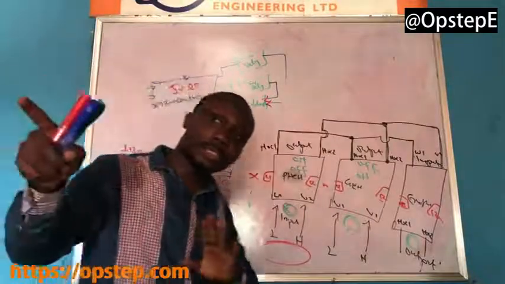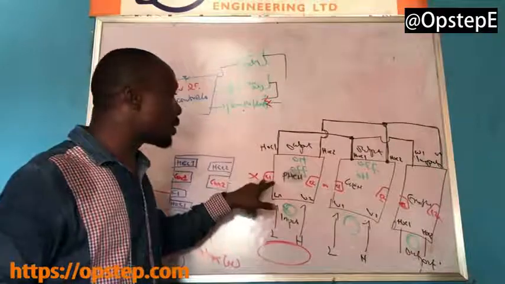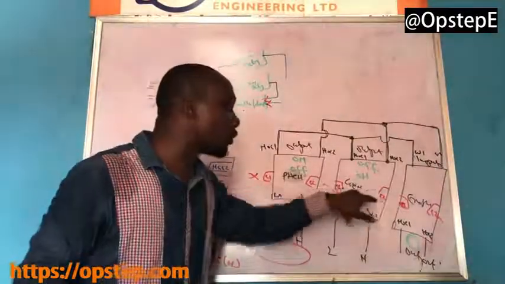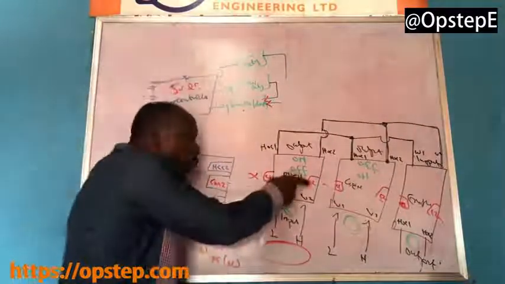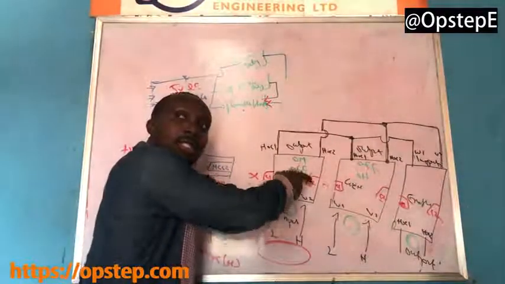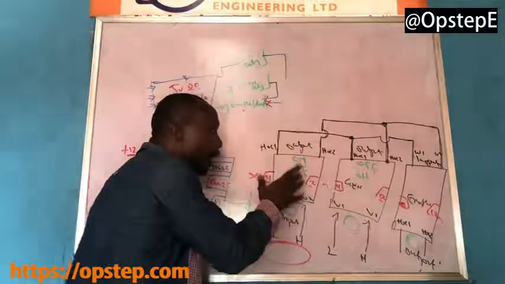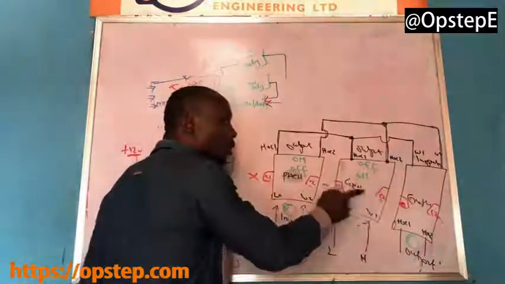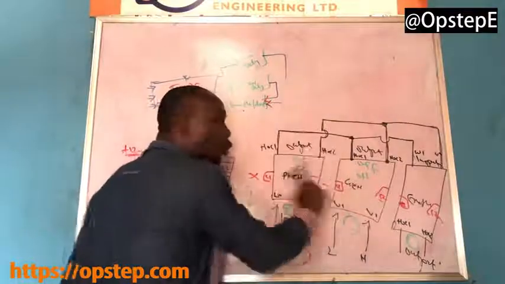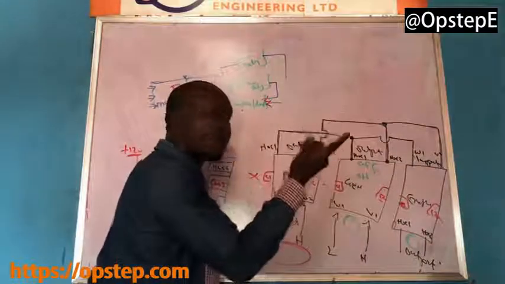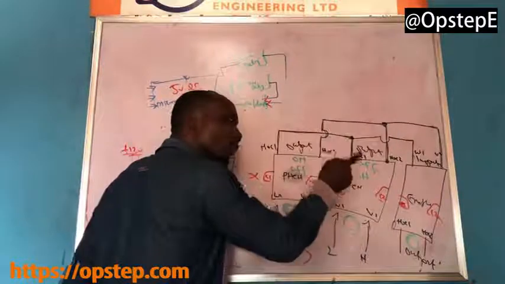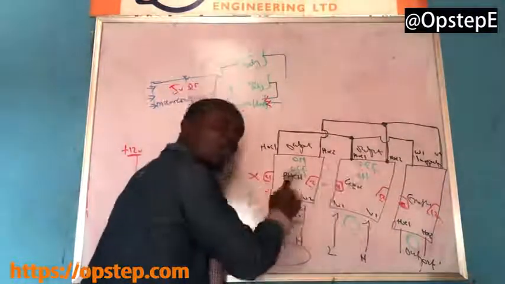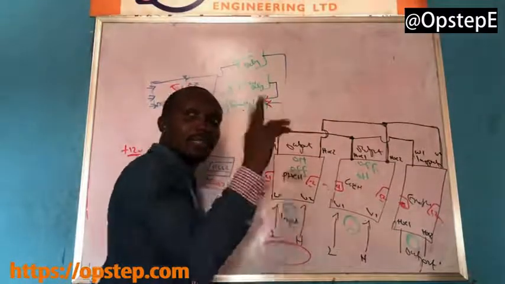So what we did is keep one on the contact of the first one and the second on the contact of this, so that the moment this coil is energized, that LED comes on to tell you this is the relay that is energized. Don't forget that no two can come on at the same time. When this is on, this is off. When this is off, this is on. Do you get my point now?